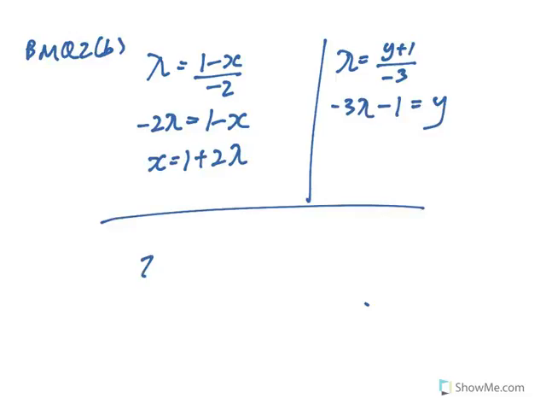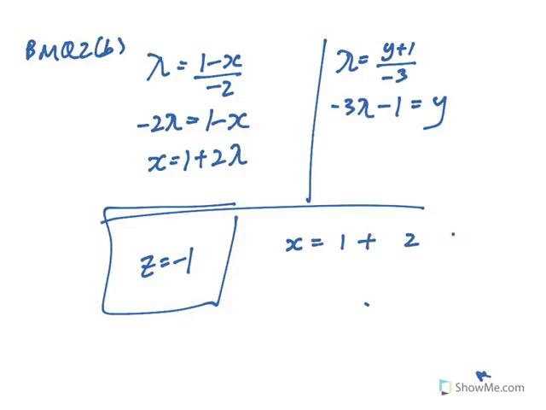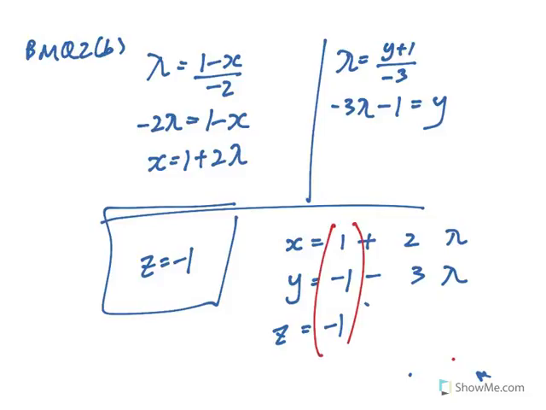We know that z is equal to negative 1. This means that it doesn't involve lambda at all. So very quickly we can see x is equal to 1 plus 2 lambda, y is equal to negative 1 minus 3 lambda, z is equal to negative 1, and from here we can quickly write out the position vector, and lambda will become our direction vector, with 0 for z.